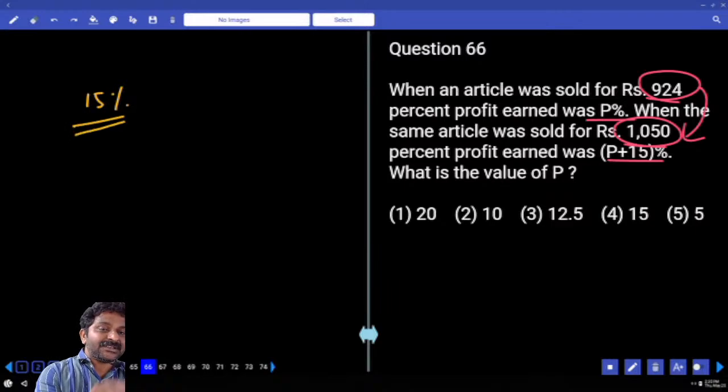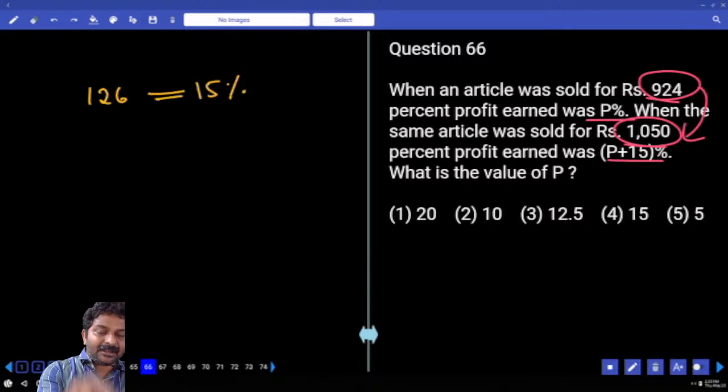Because of 126 rupees only, the 15% gap we have. So can I conclude 126 rupees is equal to 15%? Now from this I would like to calculate 924 is equal to what percentage? Yes or no? Come on. Right.